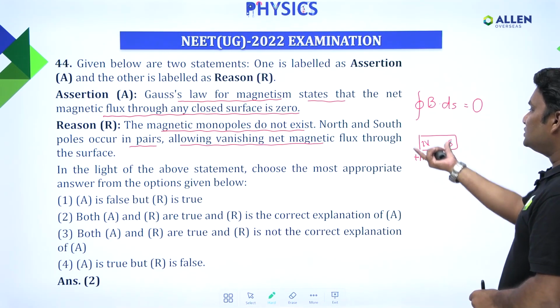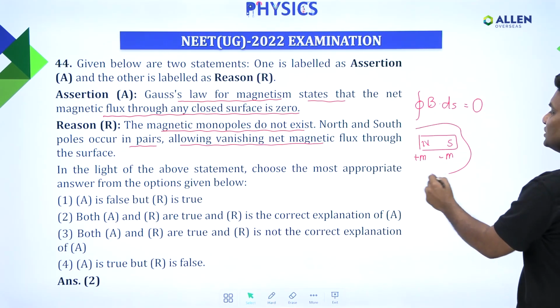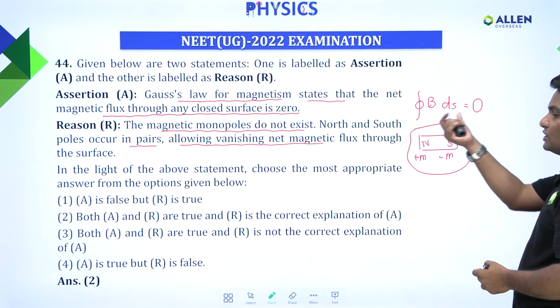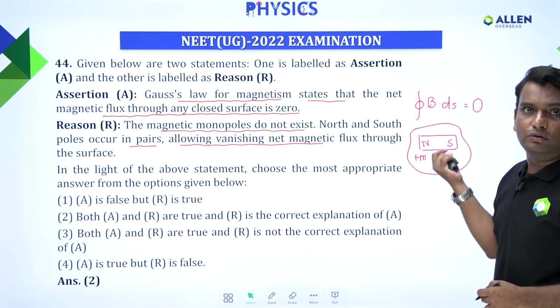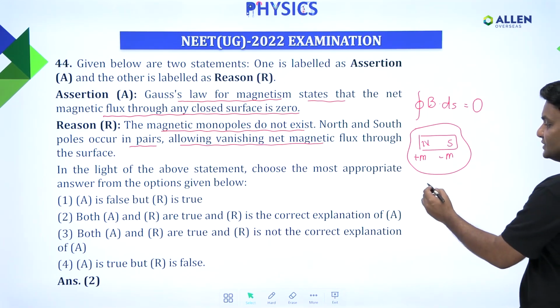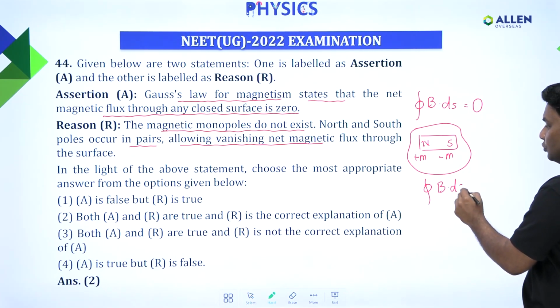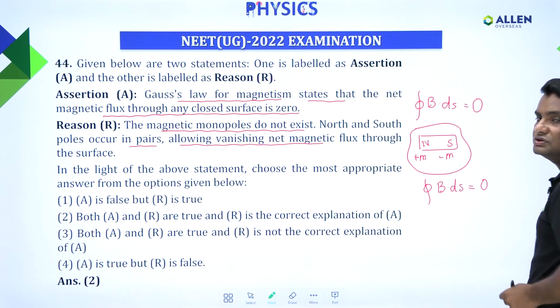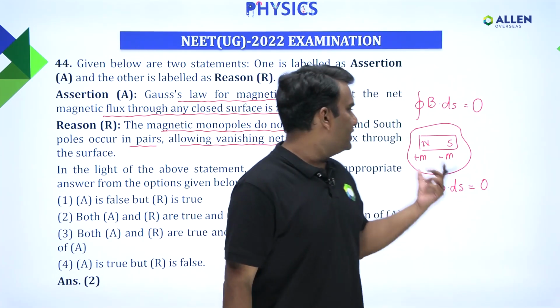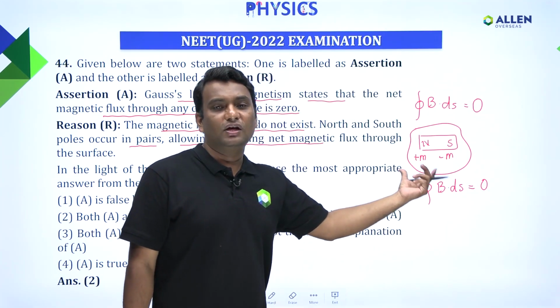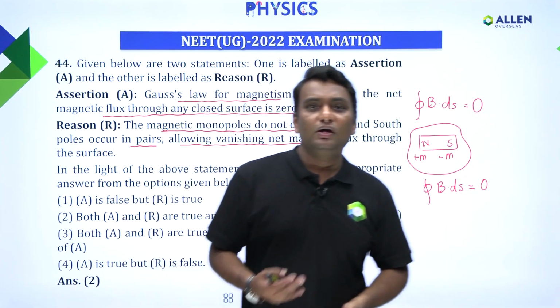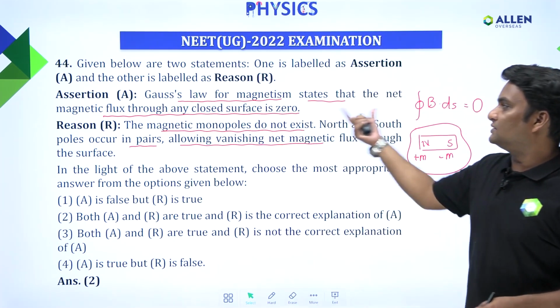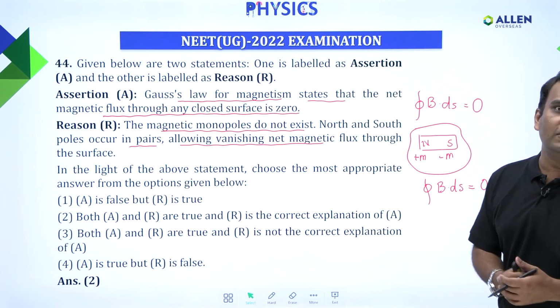If we keep this bar magnet inside some closed surface and ask what the net magnetic flux coming out from this arrangement is, it is going to be equal to 0, because the net pole strength is 0, and if our net pole strength is 0, net magnetic flux according to Gauss law is also going to be 0.